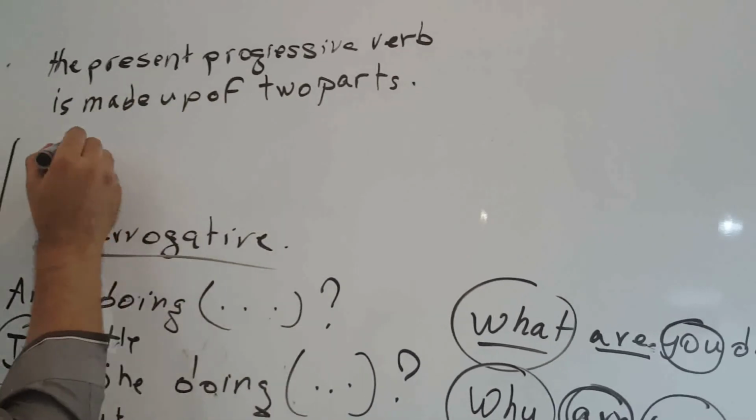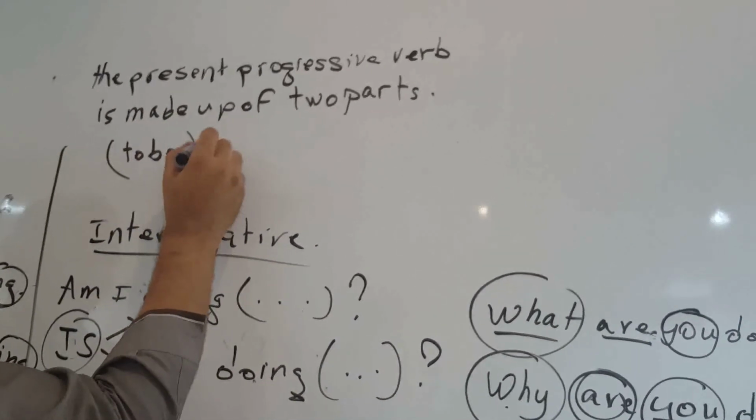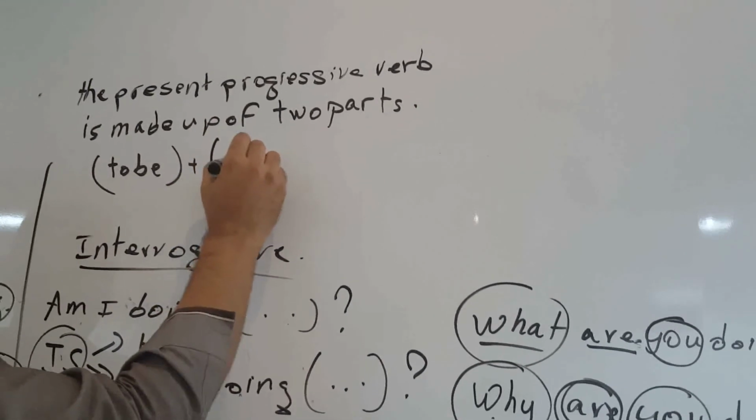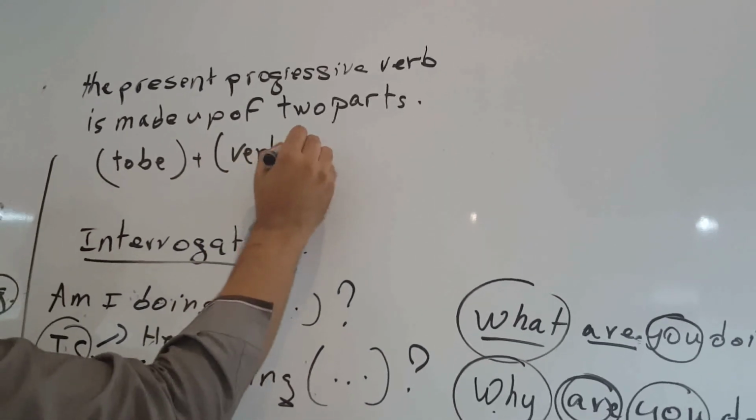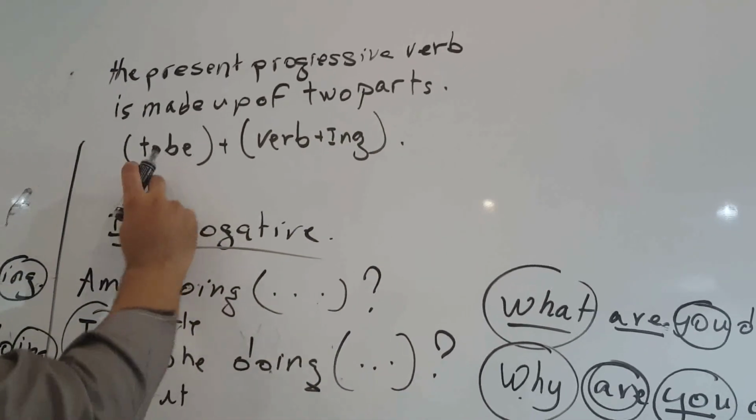The first part is "to be," and then plus verb plus "ing" form. So here, "to be" plus "ing."